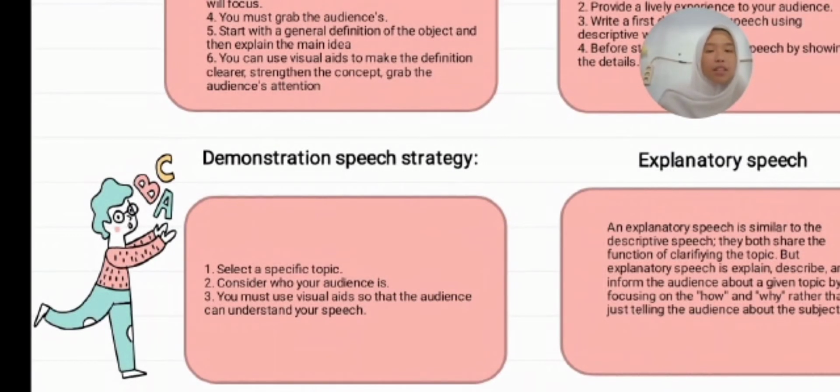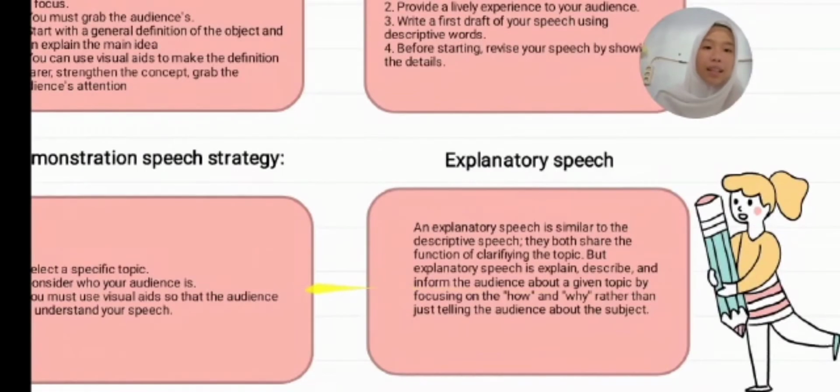Next, demonstration speech strategy. There are 3 points. First, select a specific topic. Second, consider who your audience is. And the last one, you must use visual aids so that the audience can understand your speech.